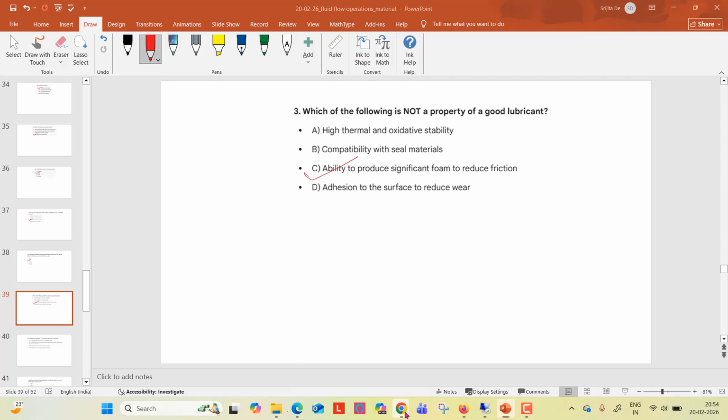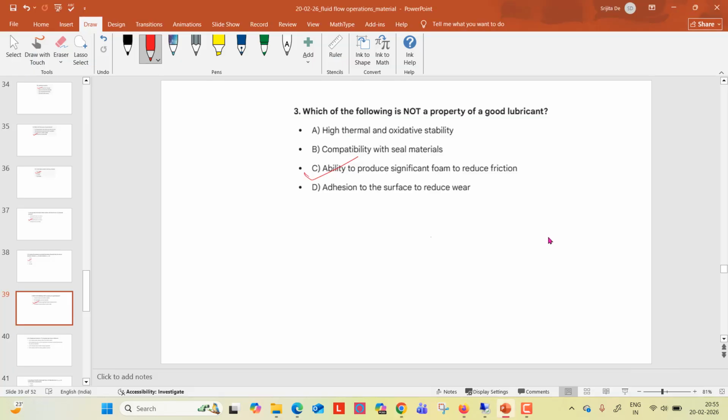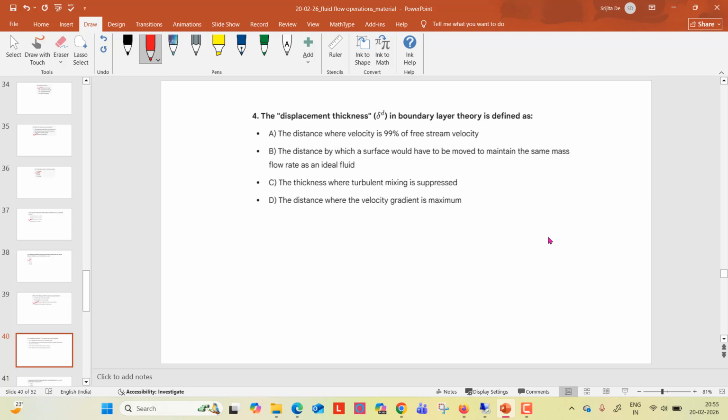Next, the displacement thickness delta D in boundary layer theory is defined as the distance where the velocity is 99% of the free stream velocity; the distance by which a surface would have to be moved to maintain the same mass flow rate as an ideal fluid; the thickness where turbulent mixing is suppressed; the distance where the velocity gradient is maximum.